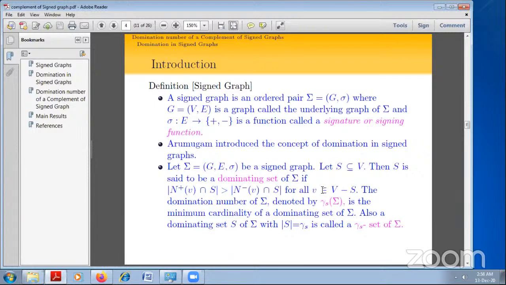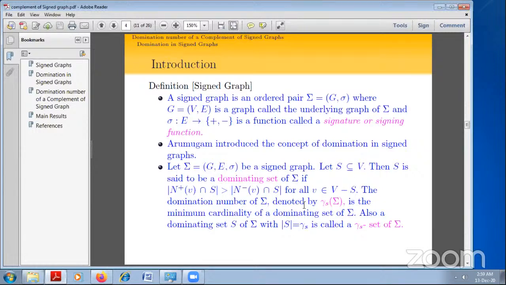Then S is said to be a dominating set if the cardinality of N+(v) ∩ S is greater than the cardinality of N−(v) ∩ S for all v in V − S. That means the positive neighbors of v in S are strictly greater in number than the negative neighbors of v in S, for all vertices in V − S. Then the set is called a dominating set.